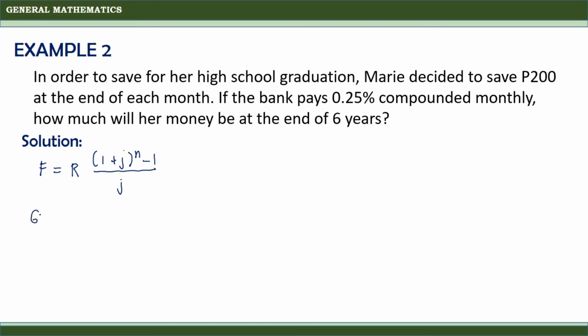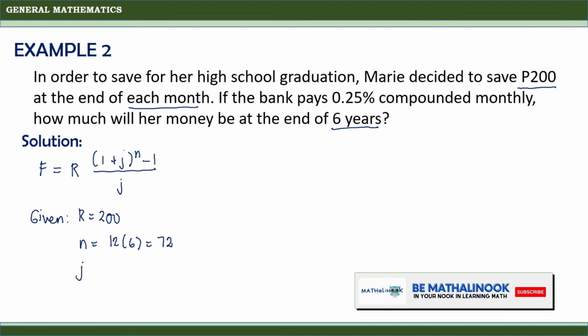Writing down our given, we will have R is equal to 200 since Marie decided to save 200 pesos at the end of each month. The number of payments is represented by N. Since Marie is saving 200 pesos at the end of each month and she was able to save for 6 years, then the number of payments would be 12 times 6, which is equal to 72.